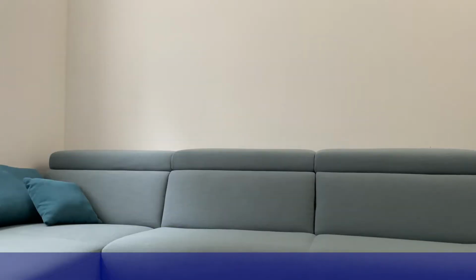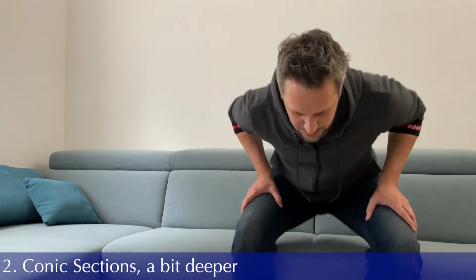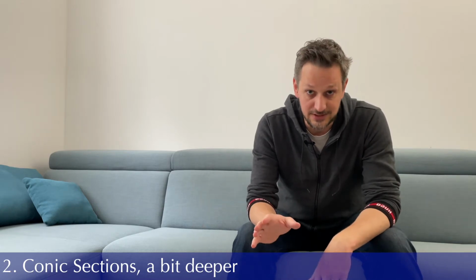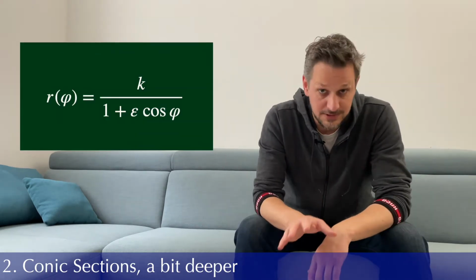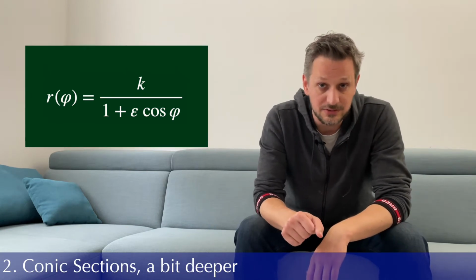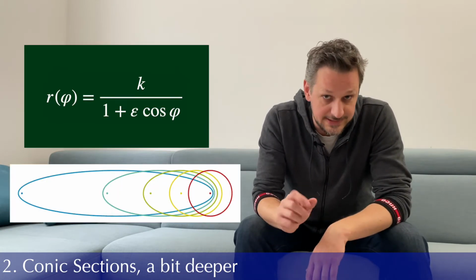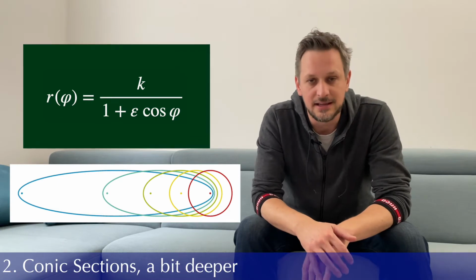So we've already talked about conic sections in the main video, but here we need to be more quantitative and more rigorous, so we need a mathematical definition. In polar coordinates, the equation for all conic sections has the same form. Epsilon is the eccentricity of the curve, essentially how much it is squeezed, and k is a scaling factor.